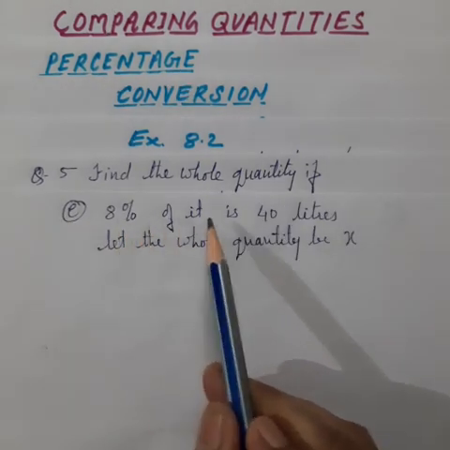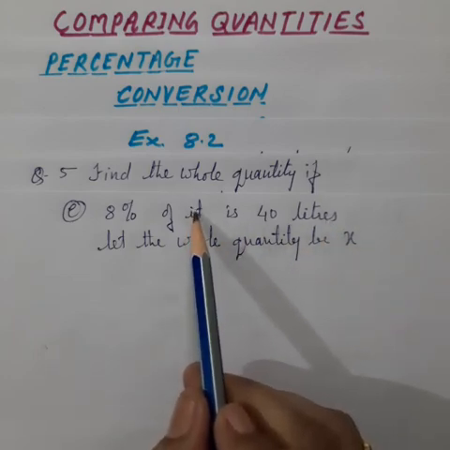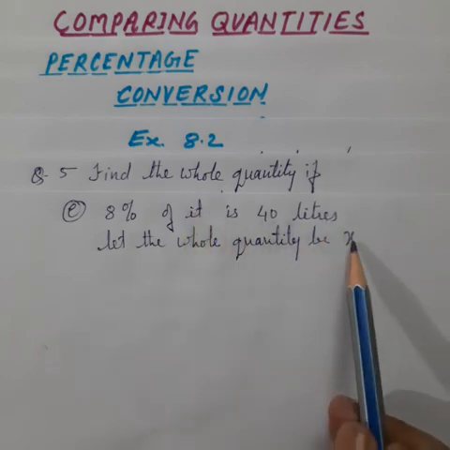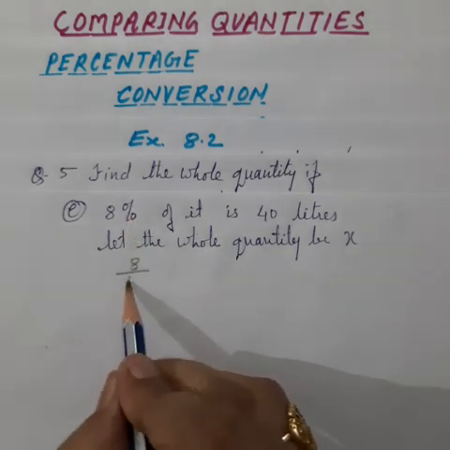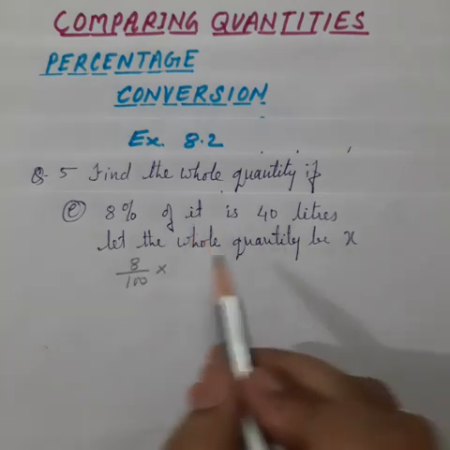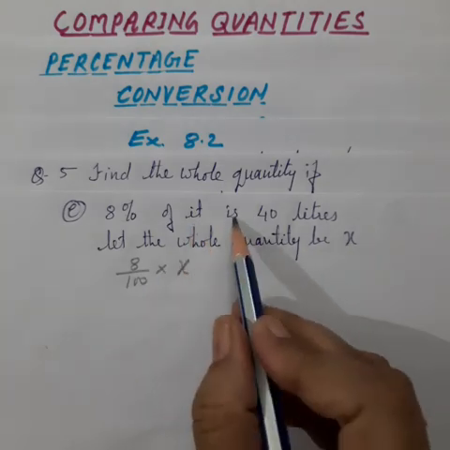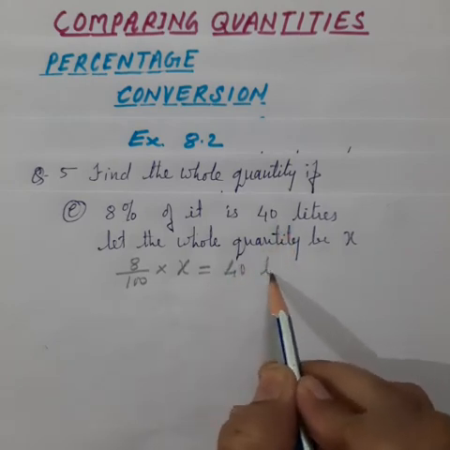E. 8% of it is 40 liters. Let the whole quantity, unknown quantity, be x. So 8 for percent sign divide by 100 of means into, it is the whole quantity x is means equal to 40 liters.